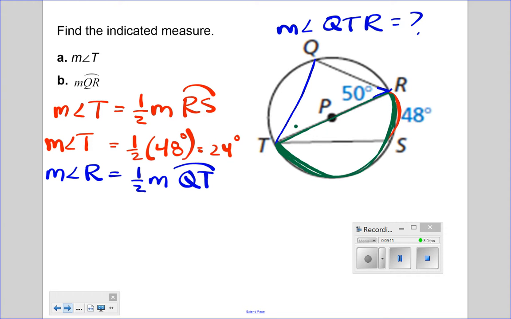100. How is this 100? I don't know. Jacob? Yeah. Since we found that half of the outside arc is the measure of the inscribed angle, we can reverse that and say that that's 100, because it's times 2.